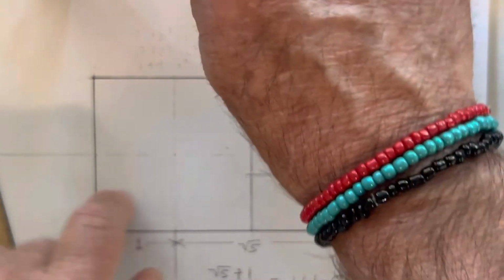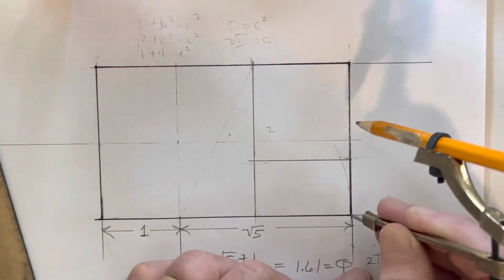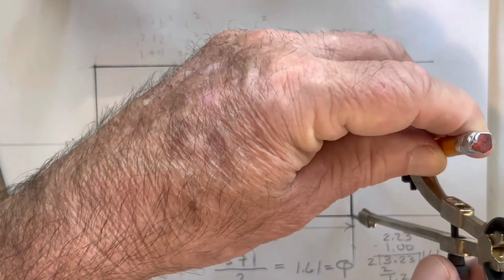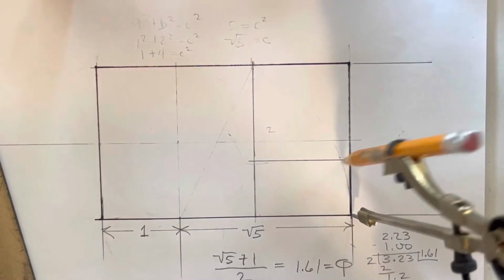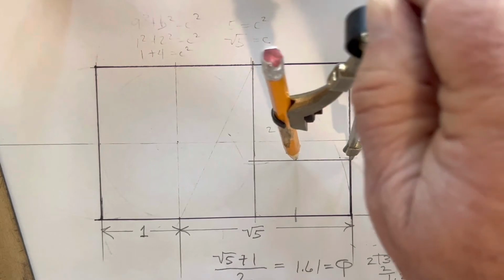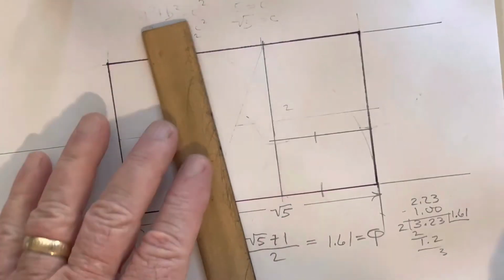And if I continue, take my square from this, and all I'm doing is marking off a square measurement out of each. This next spot has been another golden rectangle.